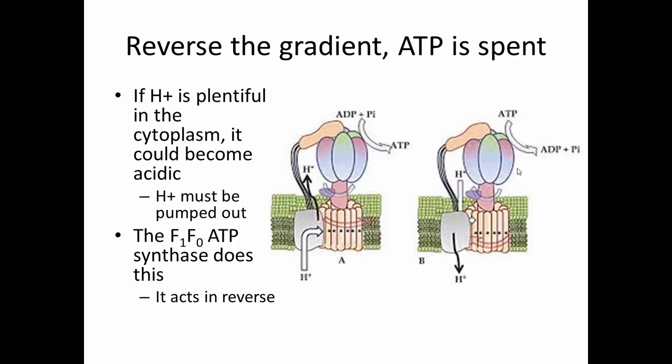The F1, F0 ATP synthase does this. It acts in reverse, thus spending a lot of ATP. So you can imagine organic acids, if they were to come in freely through just diffusing into the membrane, would end up acidifying the cytoplasm and thus not be the best carbon sources to be used for microbial growth.